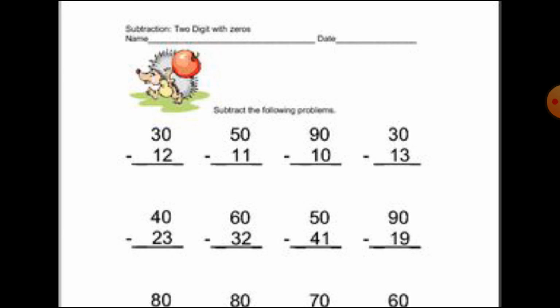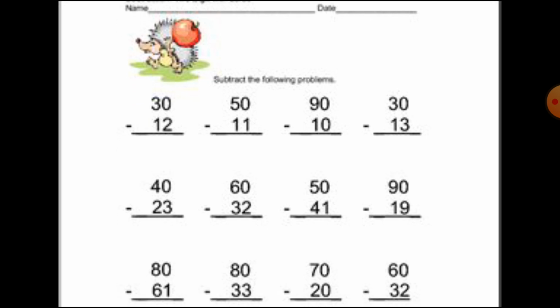Here is the first sum, which is 30 minus 12. So here you need to regroup. The next sum, the 0 is at the top side, you need to regroup here. In the third sum, there is no need to regroup because both are zeros. In the fourth sum, you need to regroup, which is 30 minus 13.